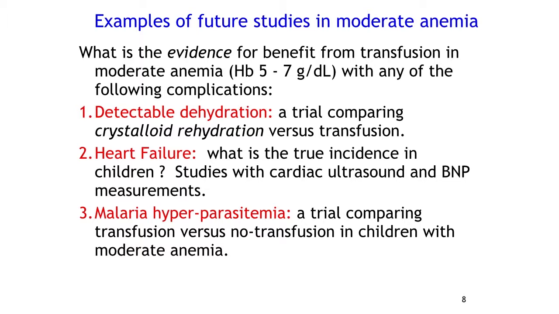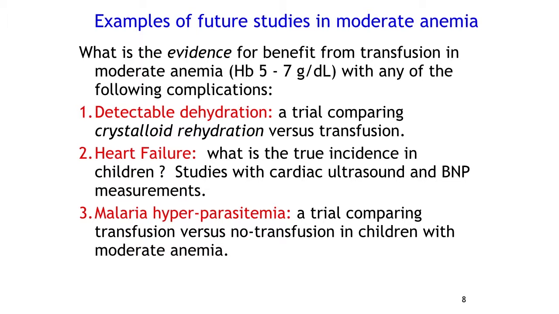They talk about detectable dehydration, that we should transfuse if the HB is above 4 but the child has detectable dehydration. Now, clinically, what is the treatment for severe dehydration? It's rehydration, not transfusion. So this kind of clinically sounds odd, but it's a recommendation. So isn't there an opportunity here to generate evidence?